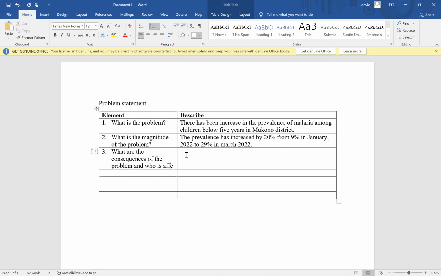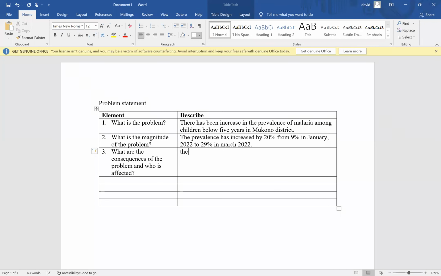So you can say the increase, let's say, has resulted into more death of children. That's the problem. Drug stockouts in the hospital.